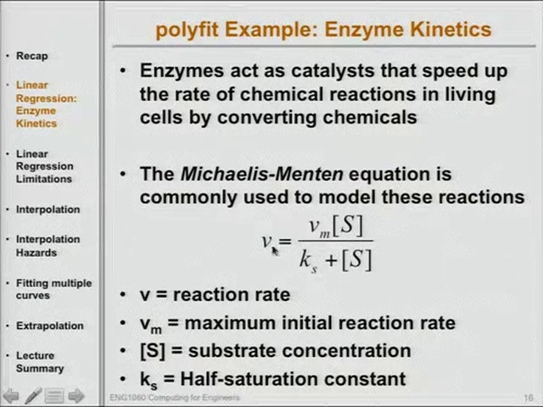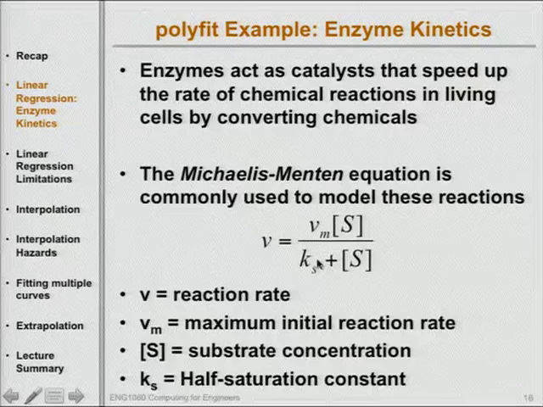Here, V is our reaction rate. Vm is actually the maximum possible reaction rate. In other words, it can never react faster than Vm. S is the concentration of a substrate, and Ks is some half saturation constant. You don't need to worry exactly what it is, it's just a constant.